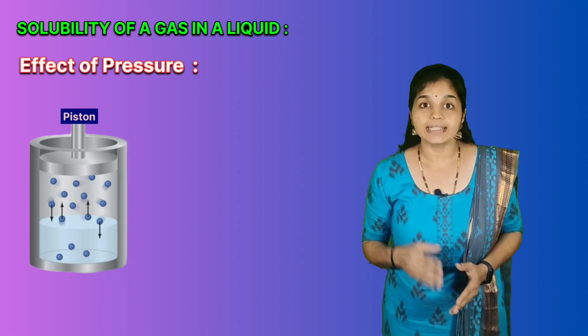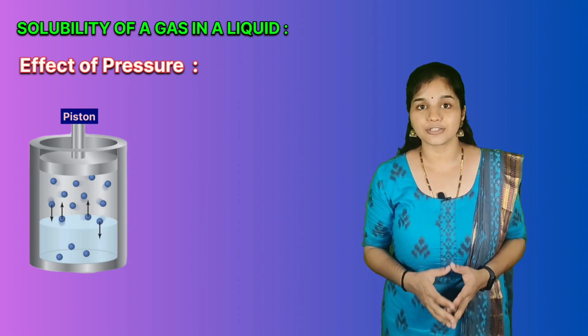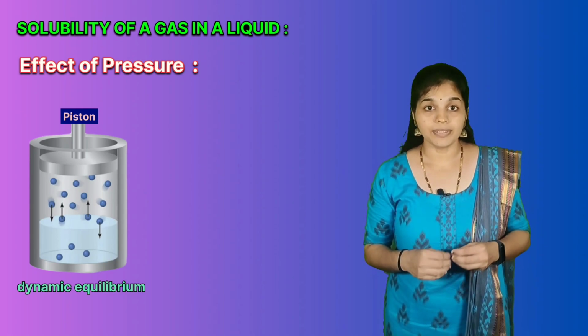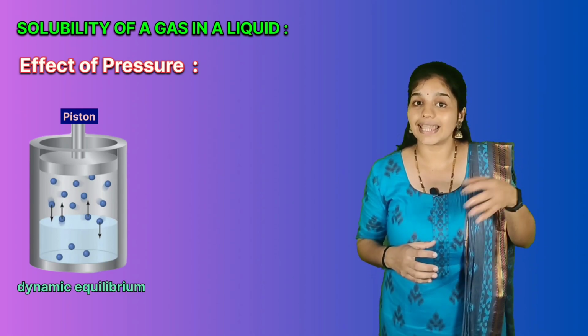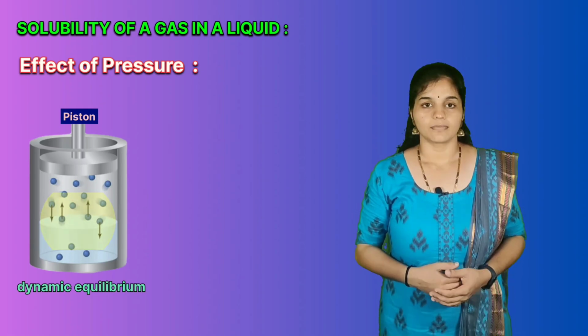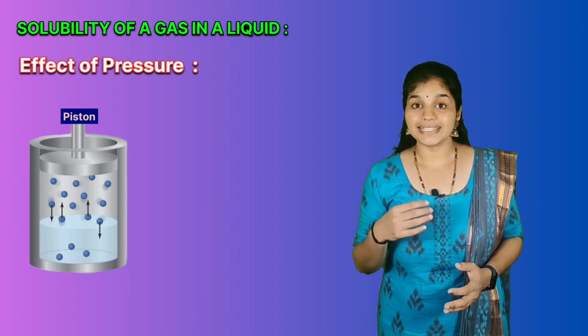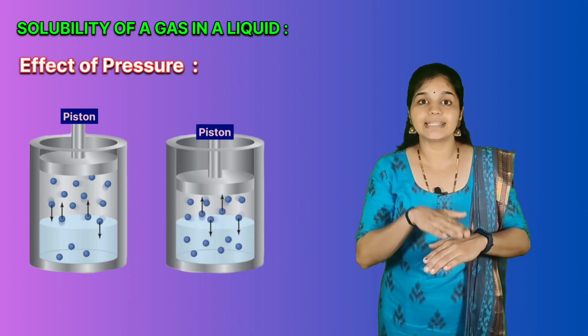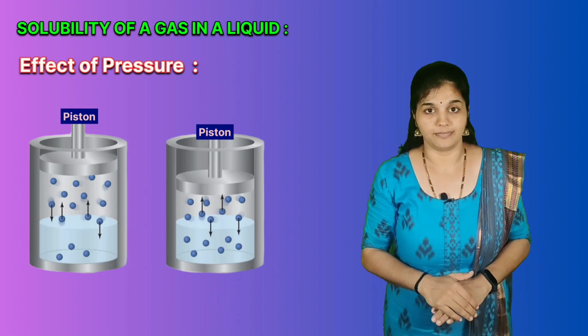Let us assume that this system is in a state of dynamic equilibrium. That is, in this system, the rate of gaseous particles entering and leaving the solution phase is the same. Now, let us increase pressure over the solution phase by compressing the gas to a smaller volume.